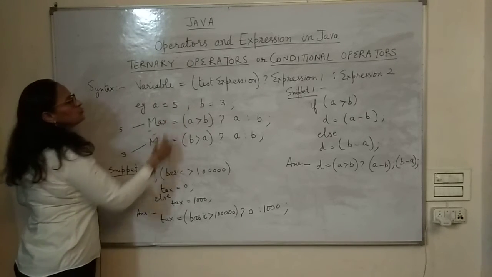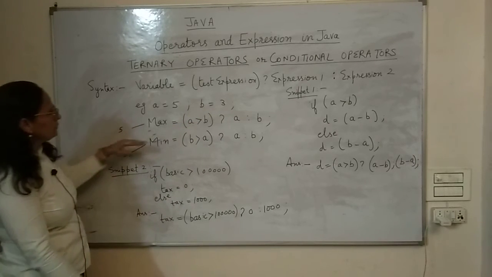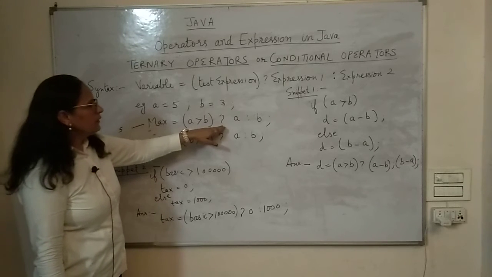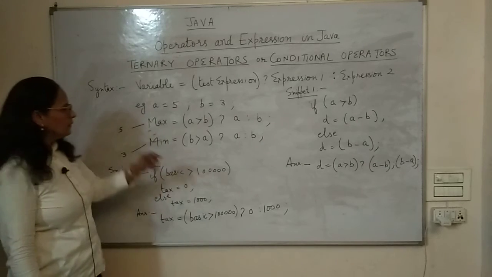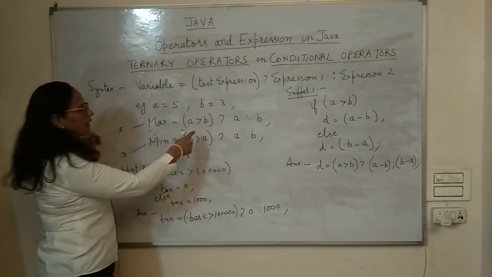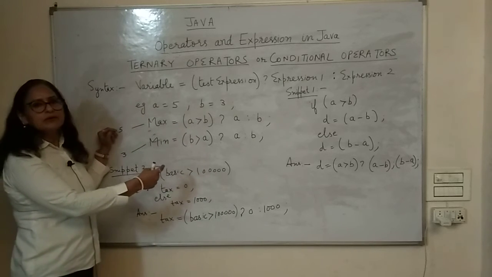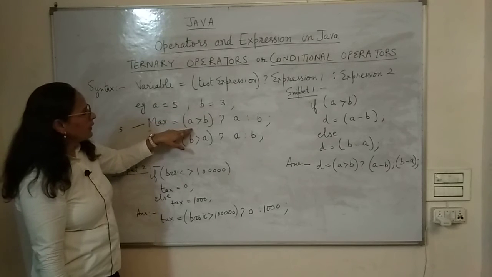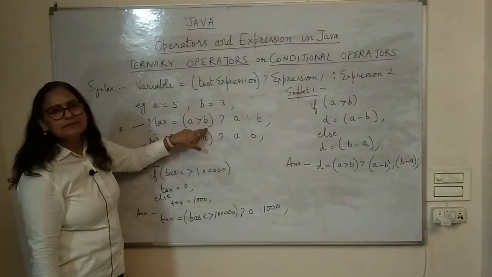Now let's take the example. A is equal to 5 semicolon, B is equal to 3 semicolon, max is equal to A greater than B question mark A colon B, then semicolon. My dear friends, as we have discussed in the syntax, same way we are going to follow the example. The value of A is 5, the value of B is 3. Now we know that 5 is greater than 3.